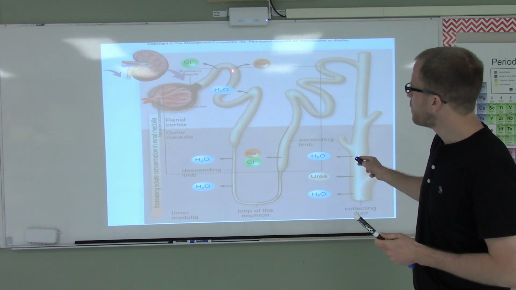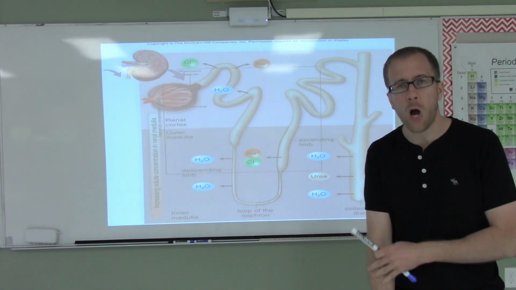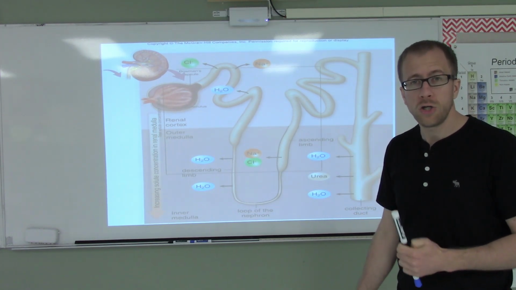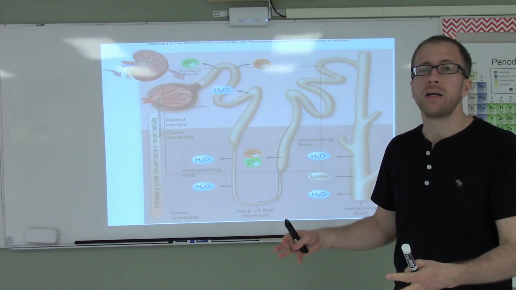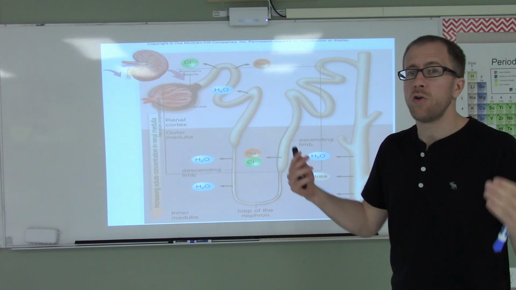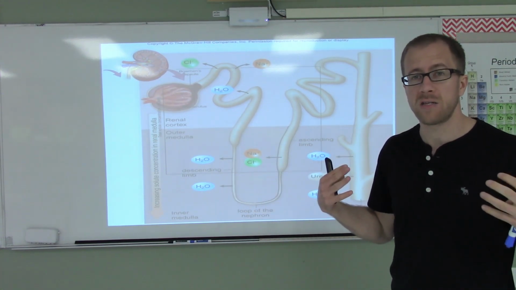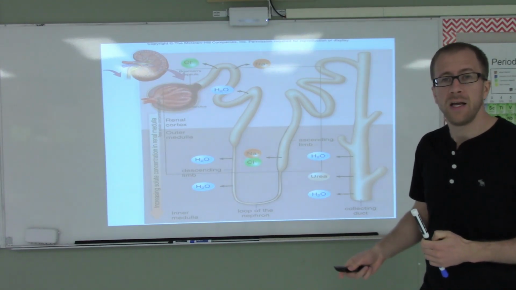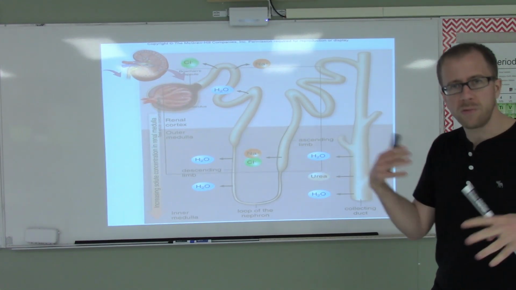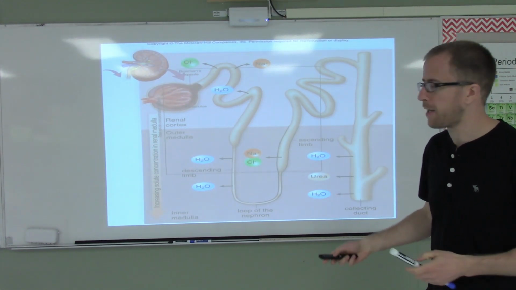Now, most of your reabsorption happens in the proximal convoluted tubule by active transport, except for water, because we're transporting out ions, so the water can leave via osmosis. 80% is reabsorbed here of everything that our body needs. Glucose, amino acids, ions, things like that.